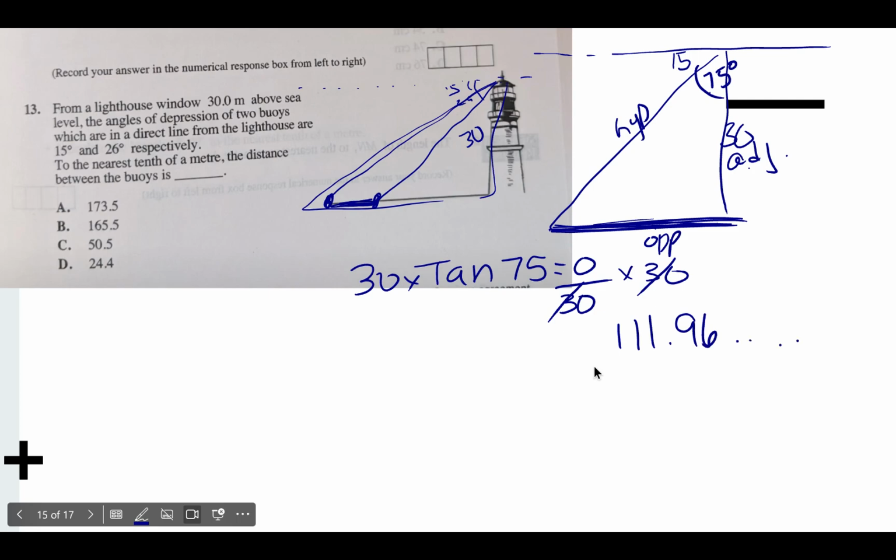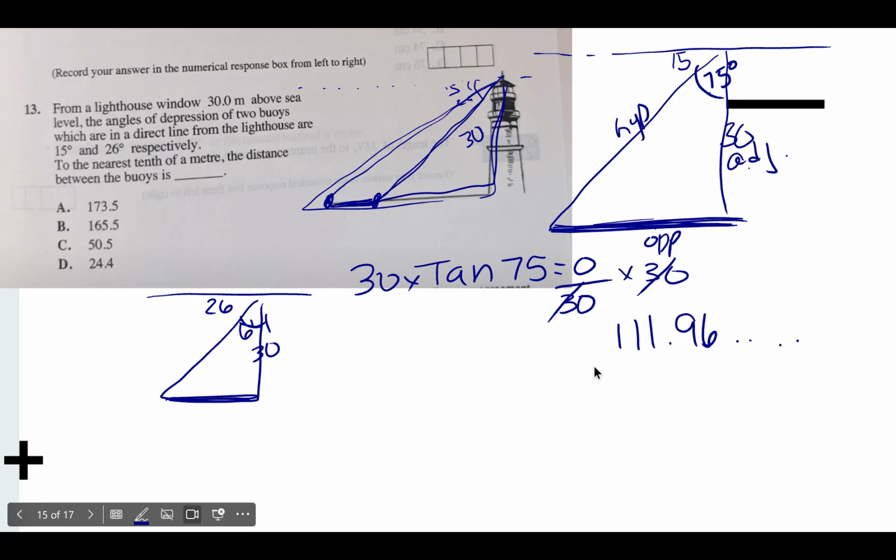Now we're going to do that again, but looking at the smaller triangle. So if I redrew that smaller triangle, this height is still 30, and the angle of depression was 26. So now if I subtract 26 from 90, I get the angle 64. Now the rest is still the same.